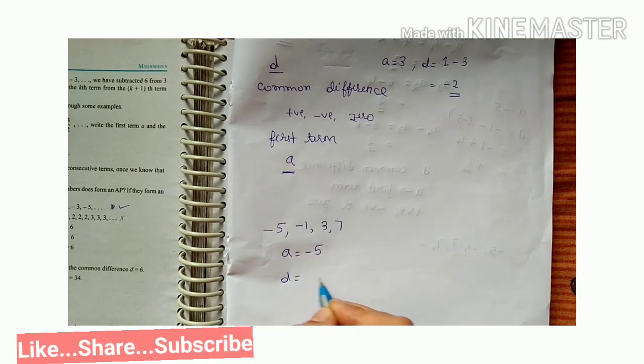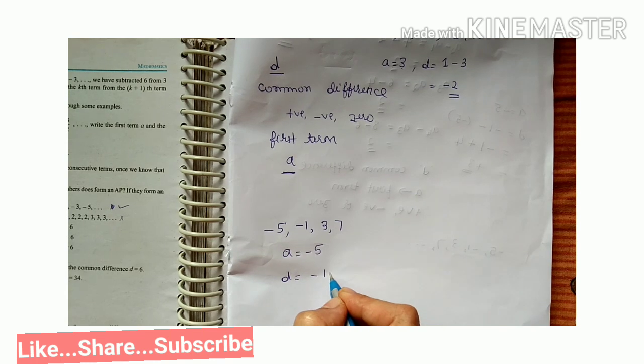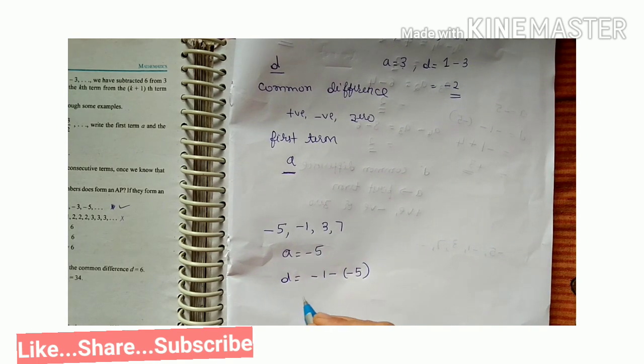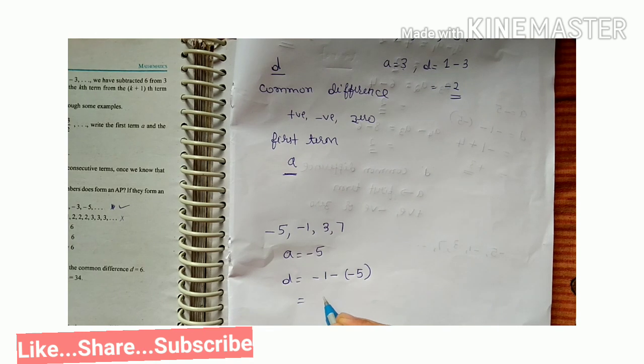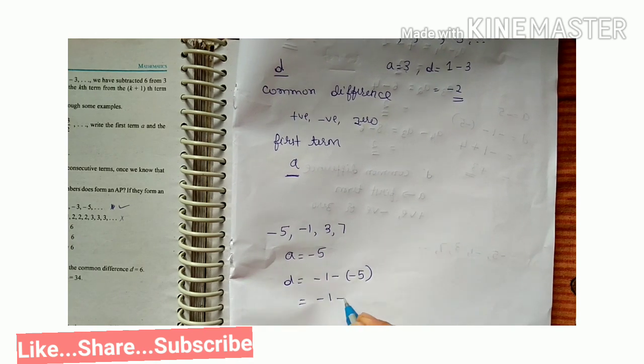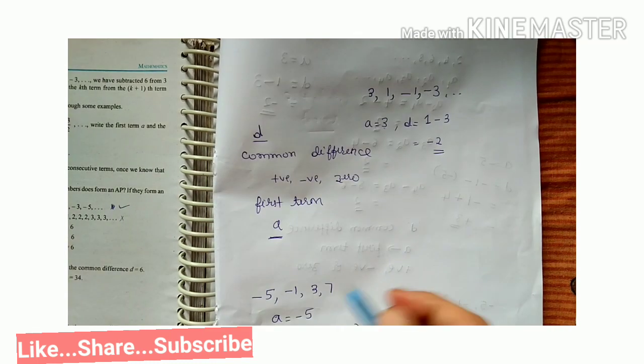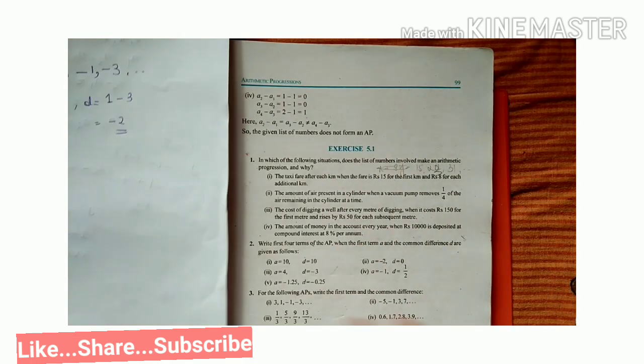Common difference is second term minus first term. Minus 1 minus minus 5, that is minus 1 plus 5, which is plus 4. Therefore A is minus 5, D is 4.